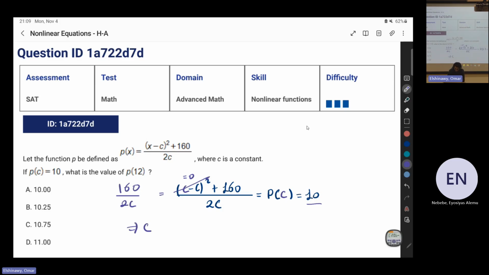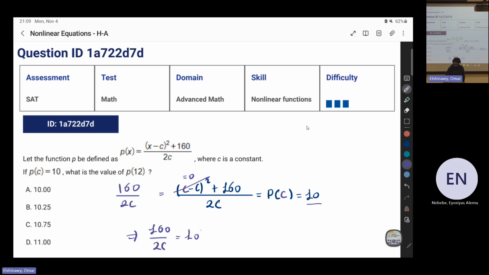Can you tell me what the value of c will be? Is it 8? Let's see how c will look. 160 divided by 2c is equal to 10.